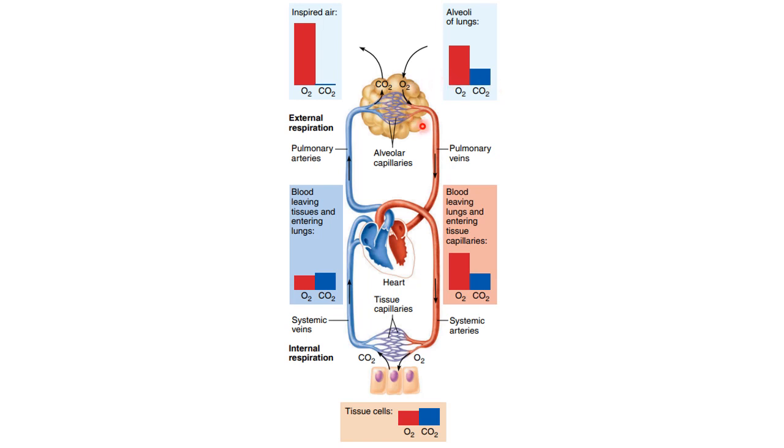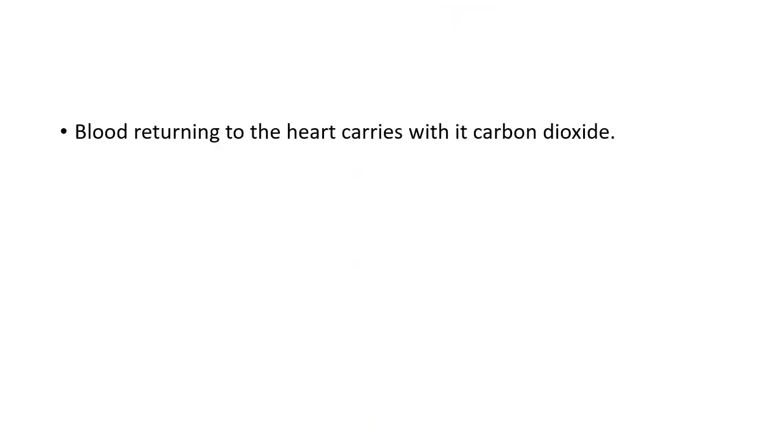So they go back into the pulmonary veins, goes into the left atrium, left ventricle, and then the aorta, and then is delivered to the rest of the body, where transport occurs and oxygen then is delivered into the peripheral cells, utilized, and carbon dioxide is pumped from the cells into the blood, where it circulates again to go back to the lungs. Blood returning to the heart carries with it carbon dioxide.